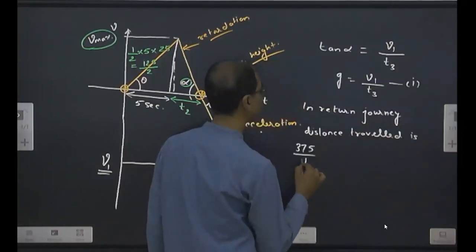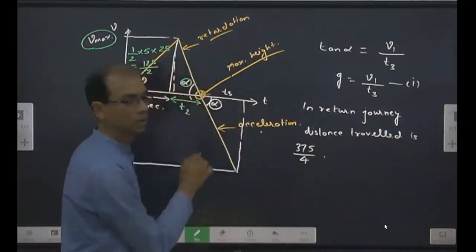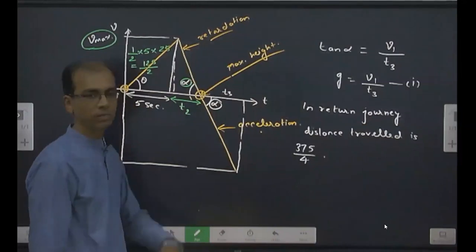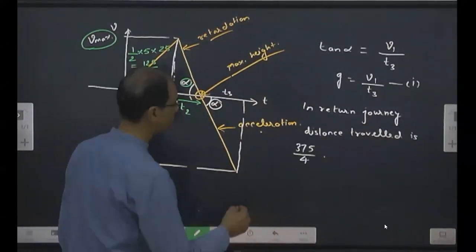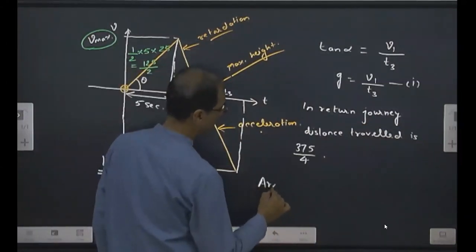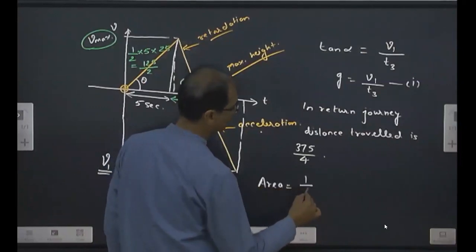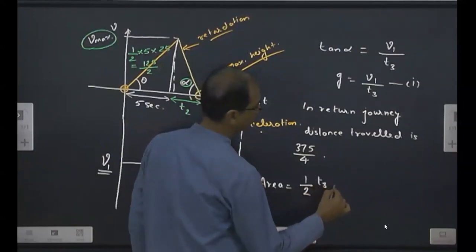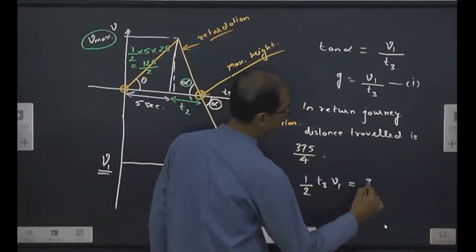Now I know one more thing: the area of this gives me distance. The area of this triangle will be 375 by 4. Area is half base into height. Base is T3 and height is V1. This is equal to 375 by 4.